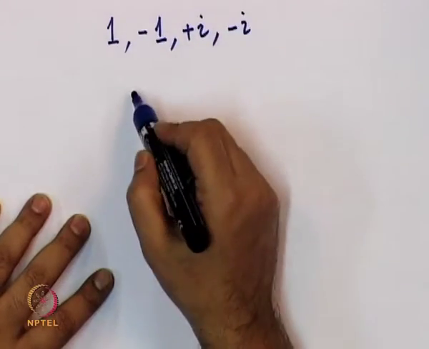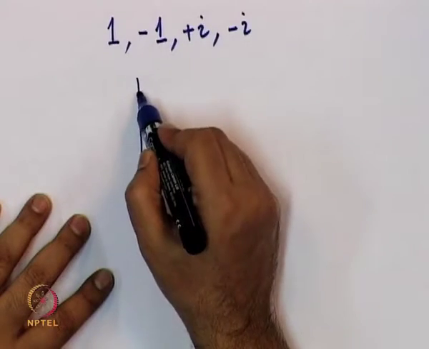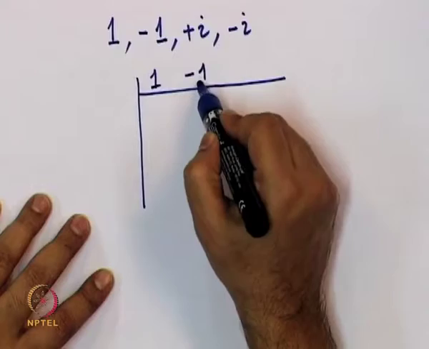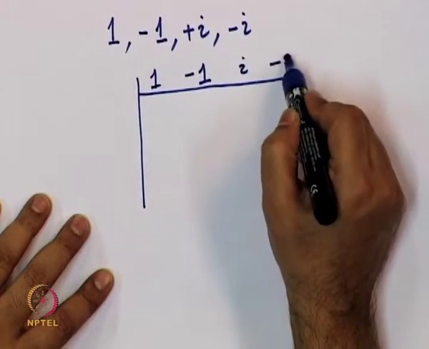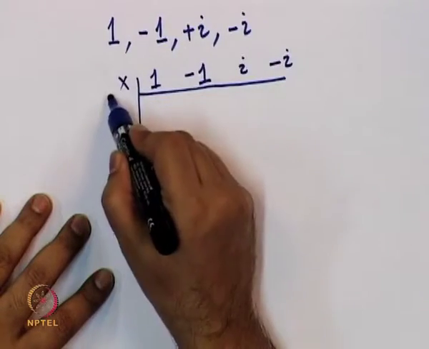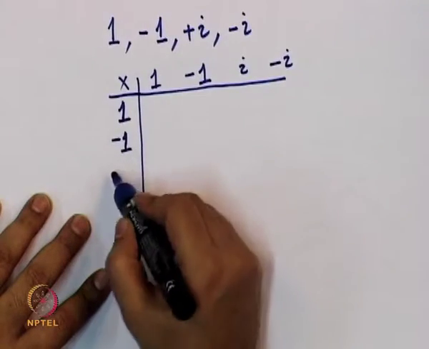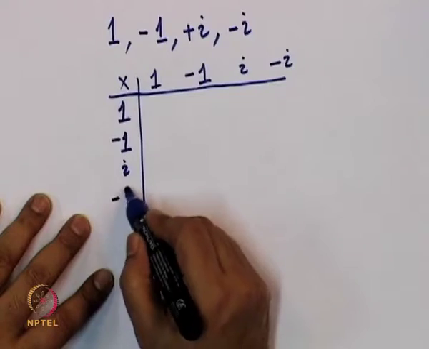Now, we can form a multiplication table consisting of these 4 numbers, and this is a multiplication operation, and then we write the same 4 numbers and we fill this table.